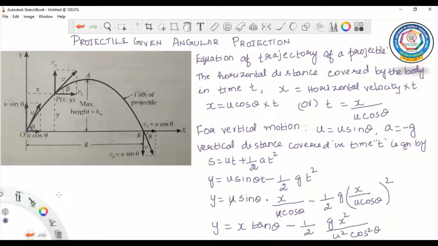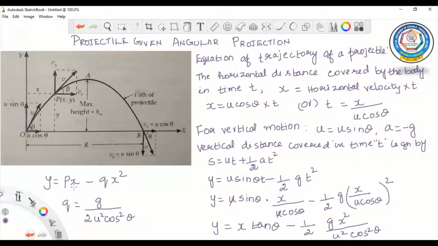So we write it as y is equal to px minus qx square, where q is equal to g divided by 2u square cos square theta and p is tan theta.